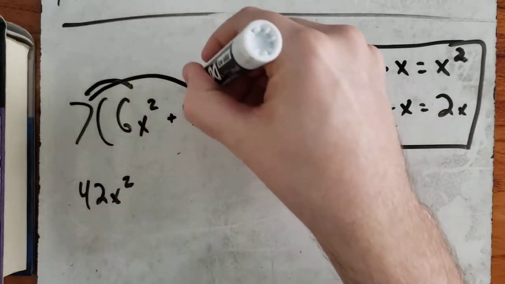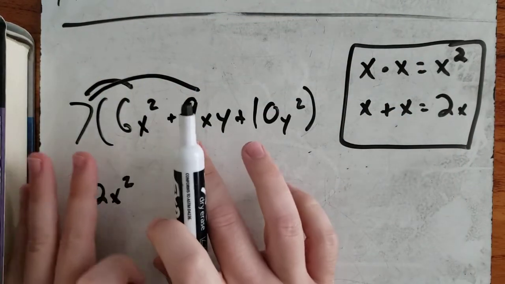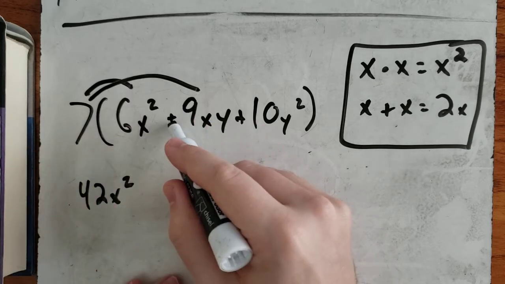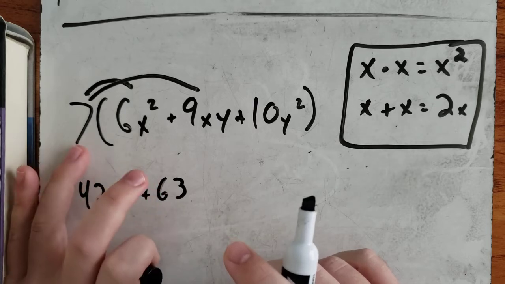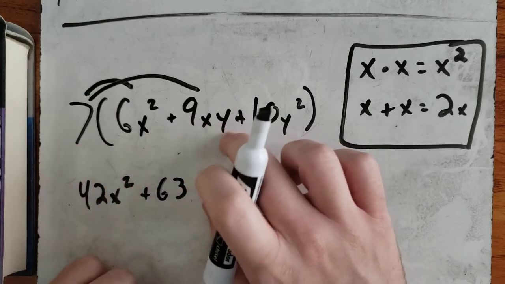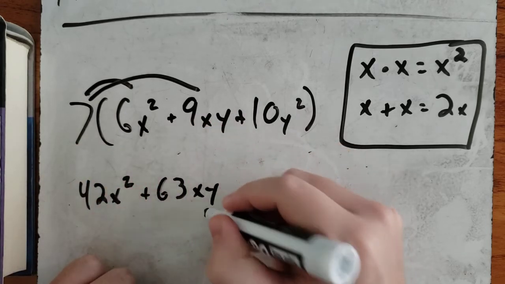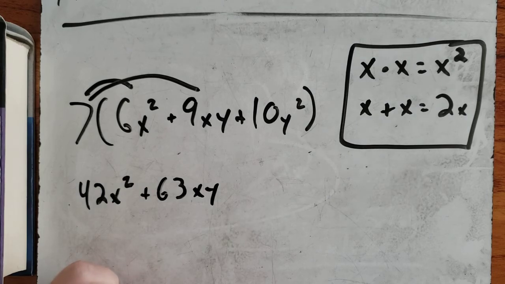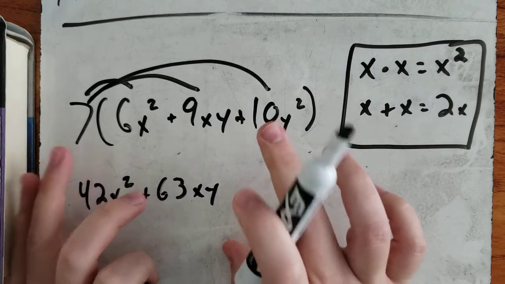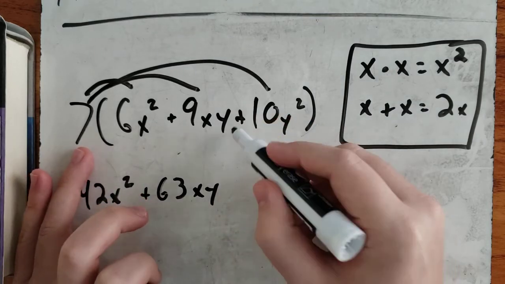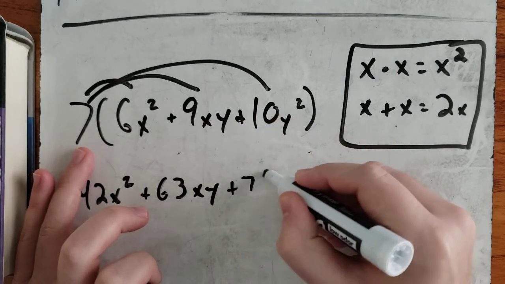Let's do a second one, okay? Multiply your numbers. 7 times 9, and now it's a positive 9. So 63. And then we have our xy here, which means we bring this down to xy here. And then our last one, multiply our numbers. 7 times 10, it's positive, so plus 70.